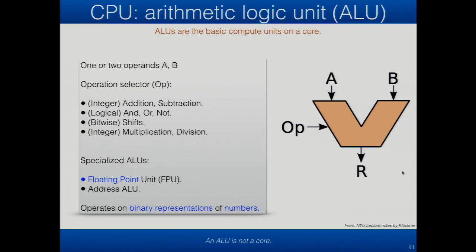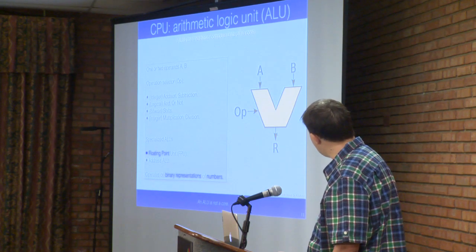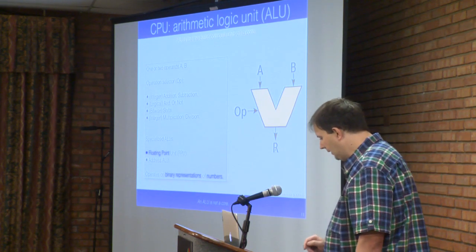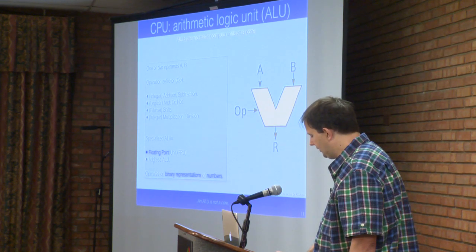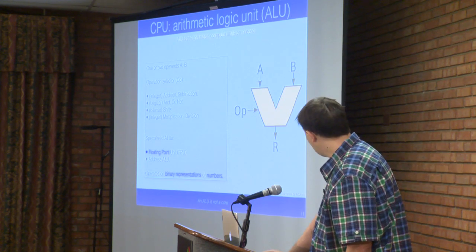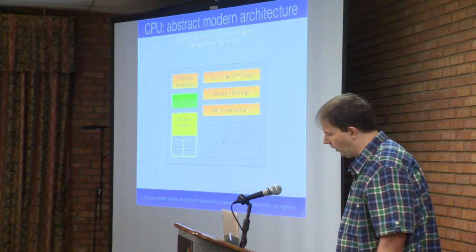This is unfortunately what NVIDIA will call a core, but it's not, because it doesn't have its own instruction stream. It does, however, take inputs, the operation and arguments, and it will put out a result. Okay? And there's a few different ALUs. There's floating point ALUs and address ALUs for doing address arithmetic. Okay. So it's very basic CPU 101.